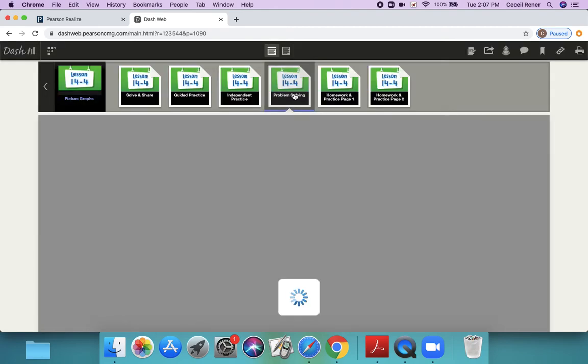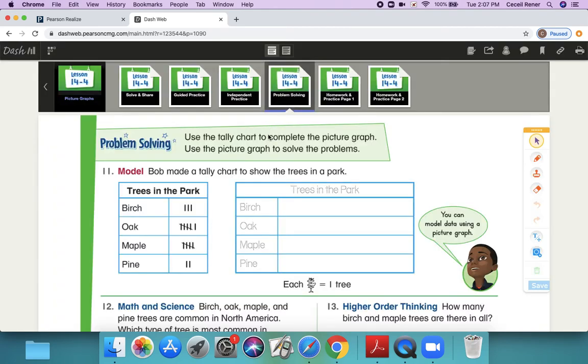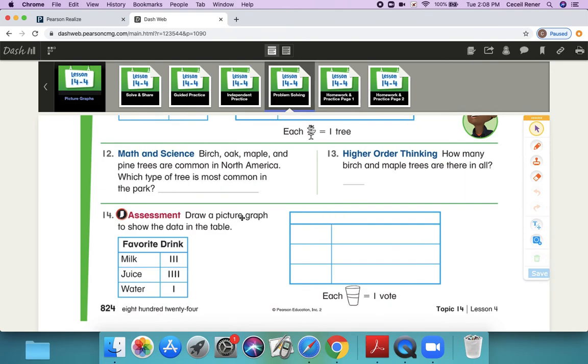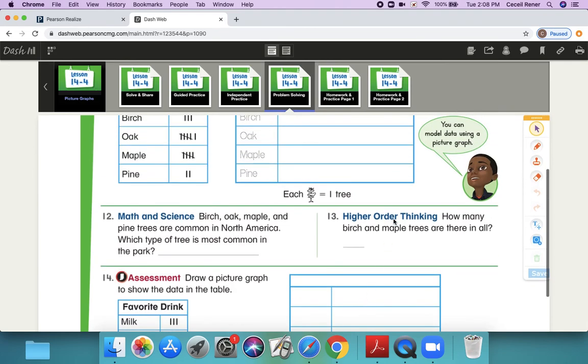Then for problem solving, I think you get to draw, you get to make a tree and make sure you're tracing over your labels and your title. Okay. Oh, and here you get to draw a picture graph and you have to make the title. And here you're drawing cups. And then you'll have to do your homework.